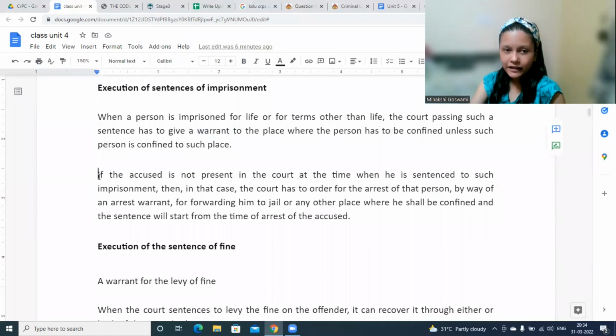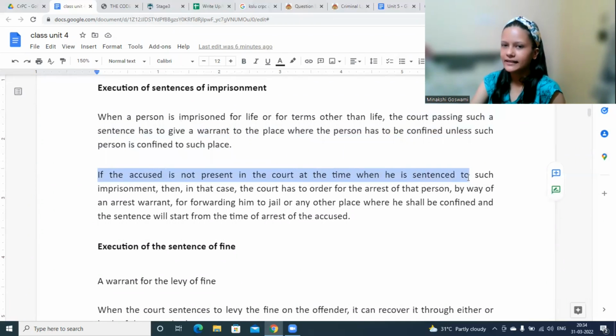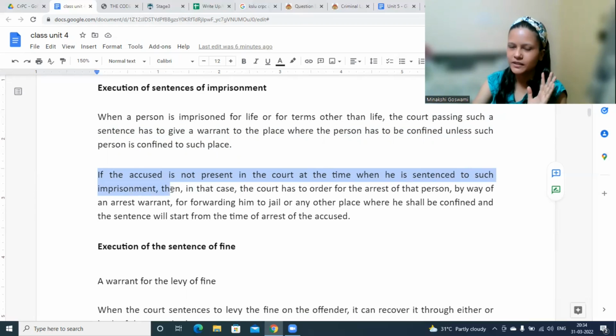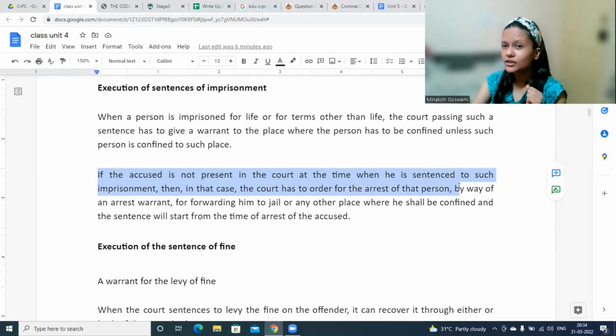Okay. If the accused was not present at the court at the time when he is sentenced to such imprisonment, court has passed an order that, okay, 5 years of imprisonment, but the person was not present there. The criminal was not present in the court. In that case, the court has to order for the arrest of that person.